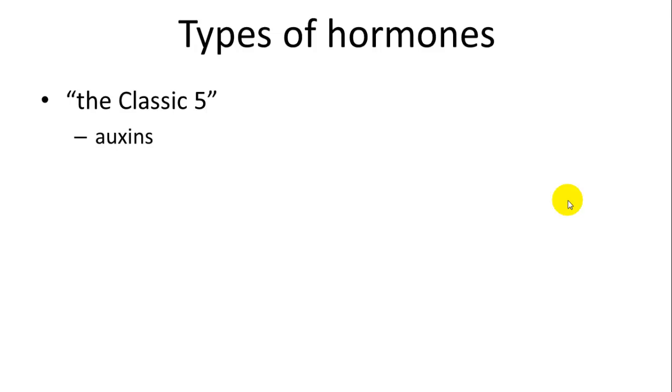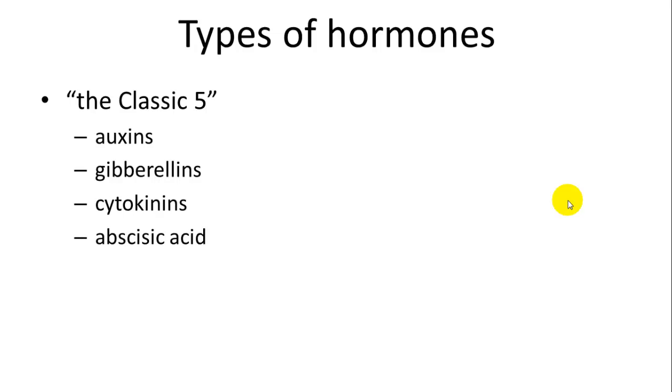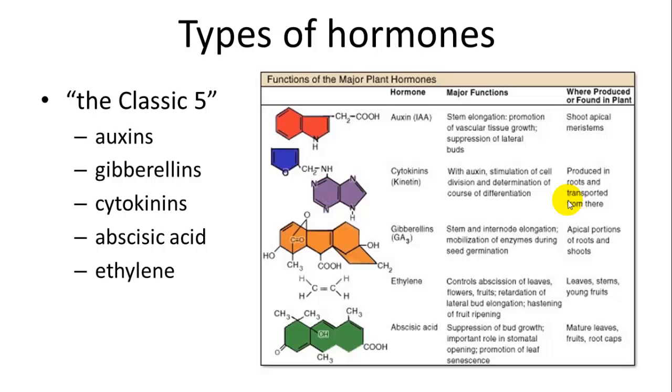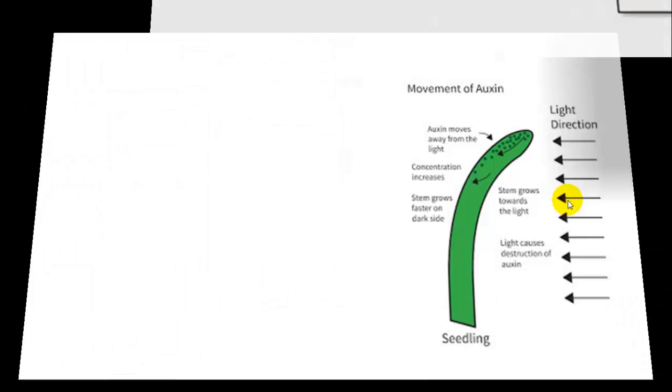We'll give examples of those in class, but there are also gibberellins, cytokinins, abscisic acid, and remember we talked about the abscission layer and the process of abscission in plants, or the shedding of leaves, and ethylene, which is a ripening hormone. Okay, so all of these are kind of the classic hormones. There are a lot more, but these are just the ones that we're going to cover.